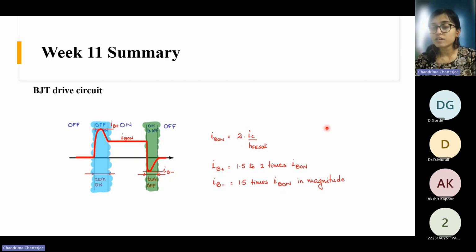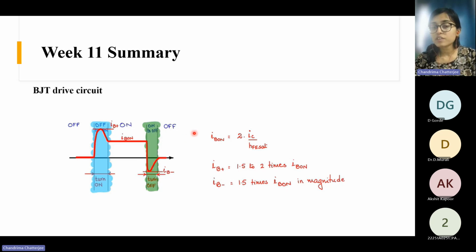These are some rough, empirical values usually used for design purposes. I B on is usually twice I C by h FE sat. h FE and beta are basically the same, the current amplification factor beta we studied. So I B on is 2 times I C by h FE sat, and I B plus, the peak value, is 1.5 to 2 times I B on. I B minus can be 1.5 times I B on in magnitude.